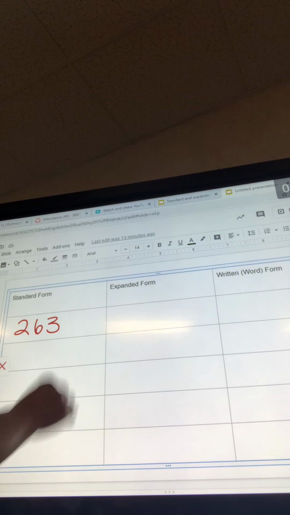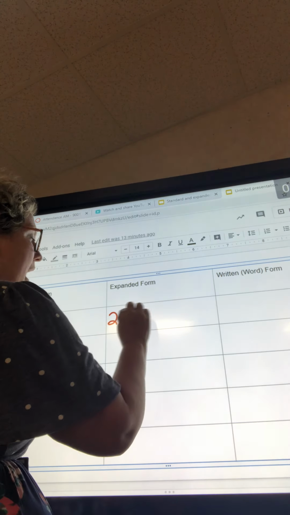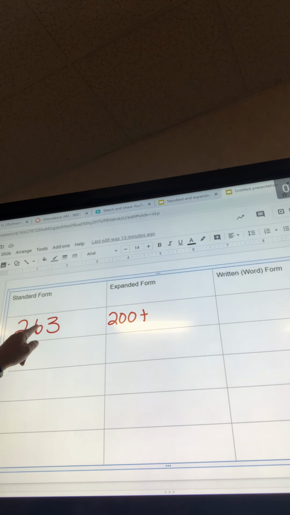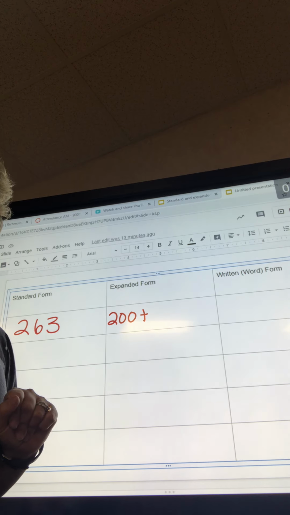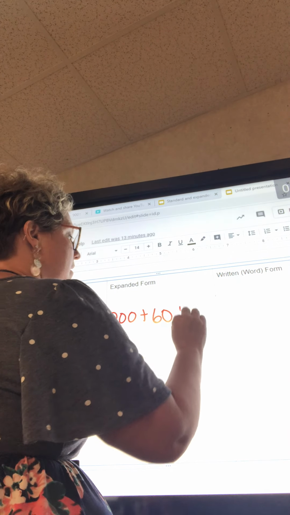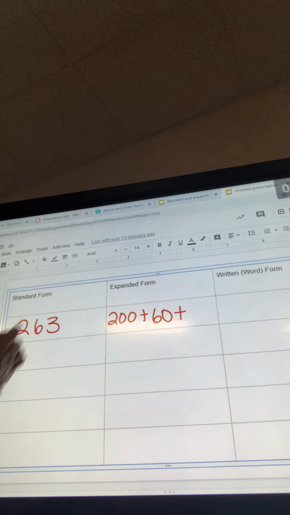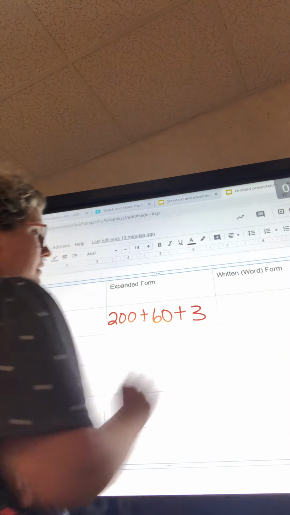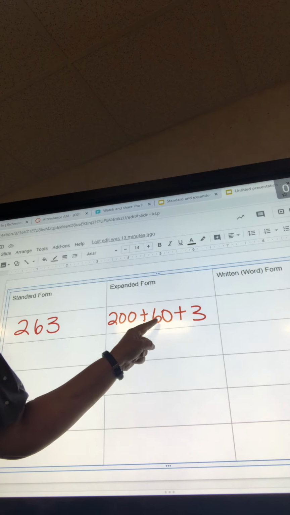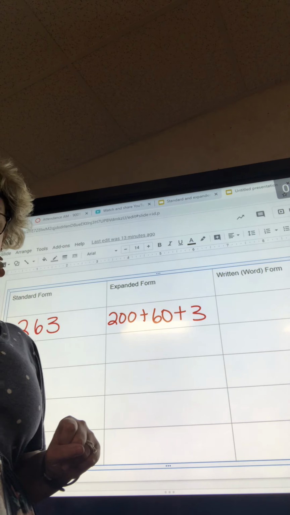I have 2 in the hundreds, so I want to write 200. I have a 6 in the tens, so I want to write 60. And in my ones place, I have a 3, so I want to write a 3. So I have these numbers represented in two ways, 263 and 200 plus 60 plus 3.